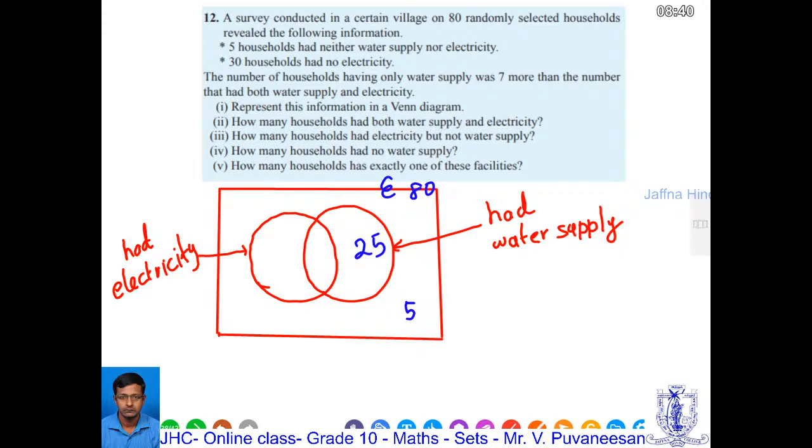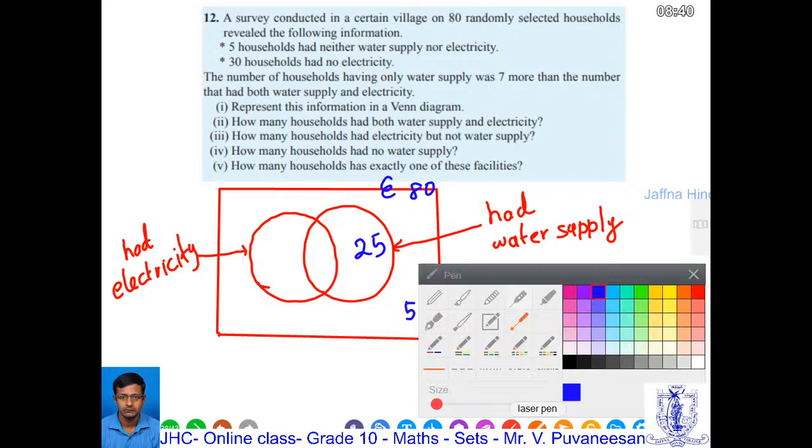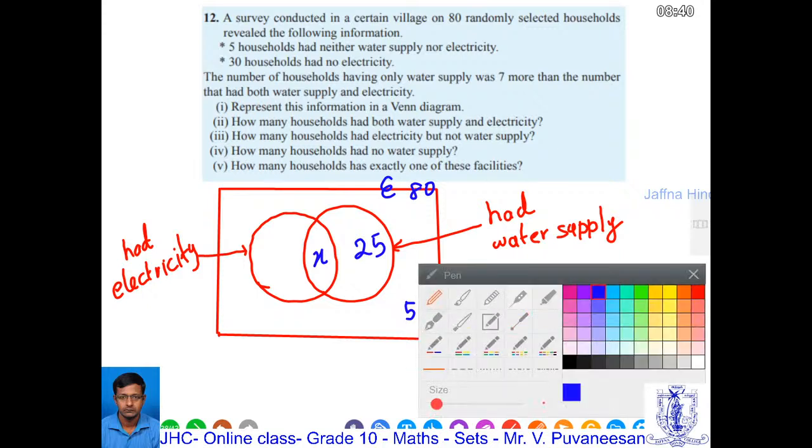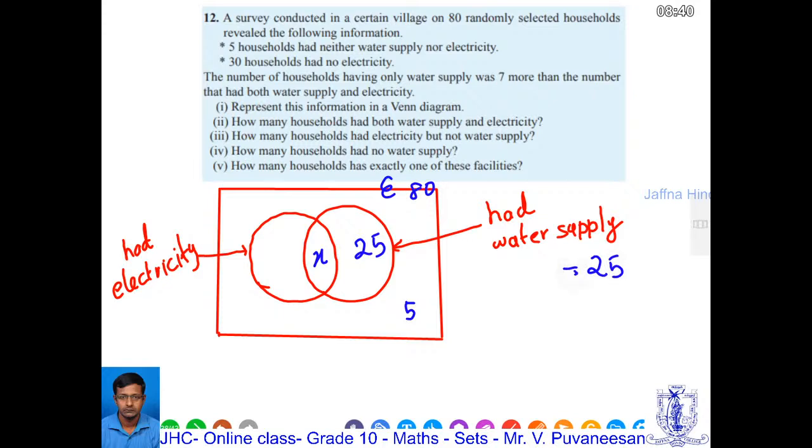If I take the number having both electricity and water supply as X, then only water supply is X plus 7. We already found only water supply is 25.